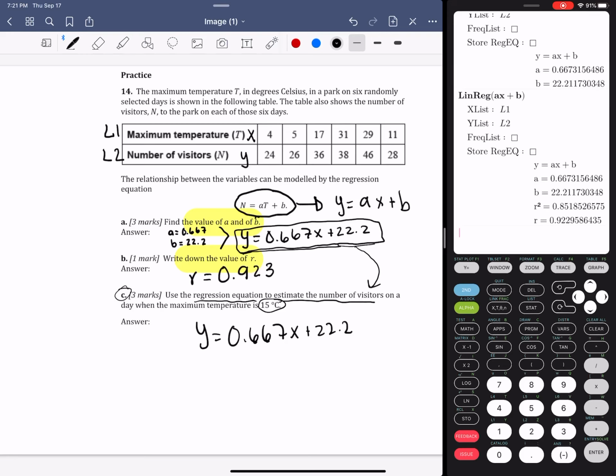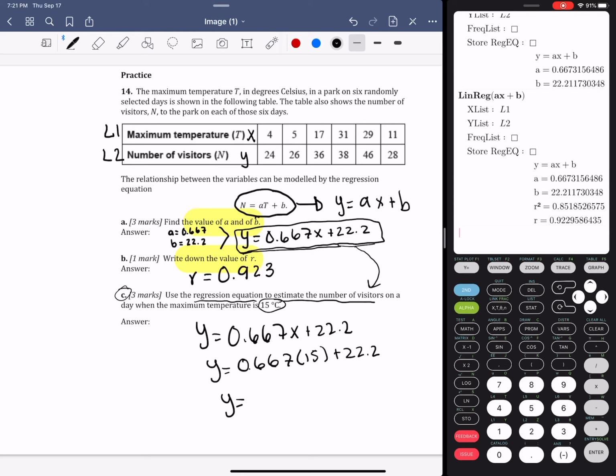And just to refresh our minds, Celsius, our temperature, is our x value. So every time I see an x, I'm going to substitute 15. So that gives us y equals 0.667, I see an x, so I'm going to put 15, plus 22.2.